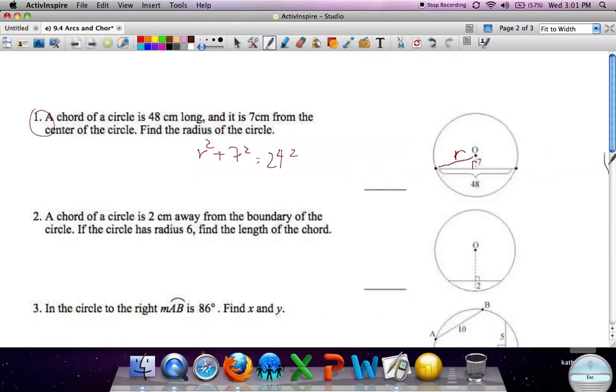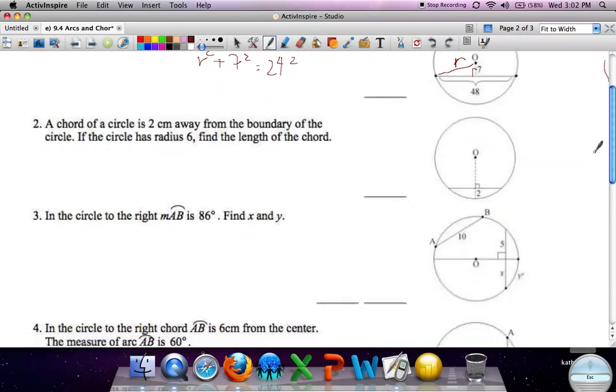Example 2, let's see what they're asking for. A chord is 2 centimeters away from the boundary of a circle, and the circle has a radius of 6. So that would mean if this whole thing is 6, that would mean this distance has to be 4.